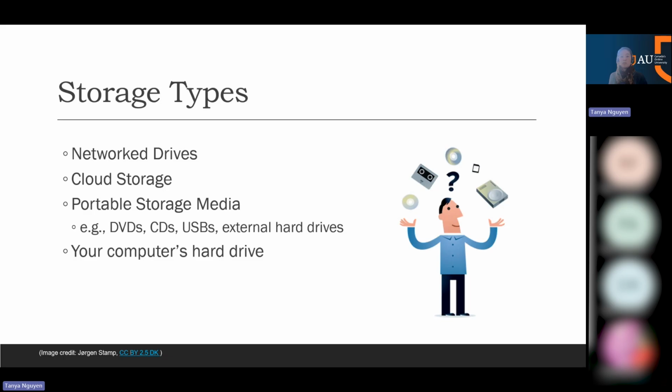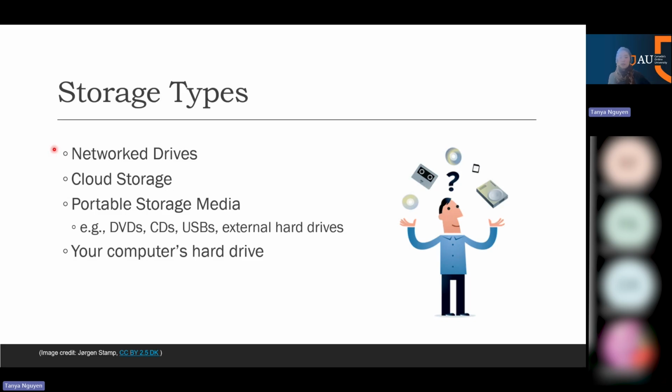Okay, so storage types. These are the more high-level types of storage that we see. Network drives are storage devices that large organizations usually have. They're also called storage servers or network attached storage devices.